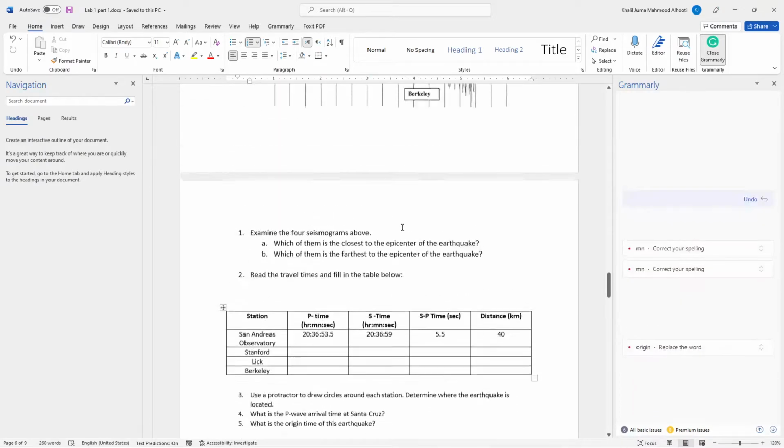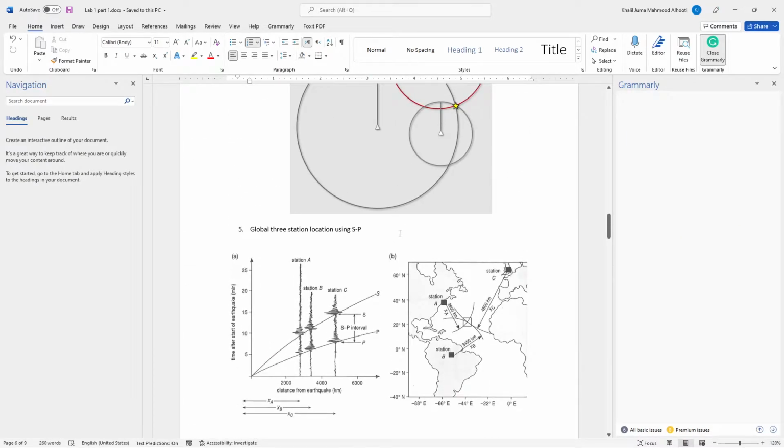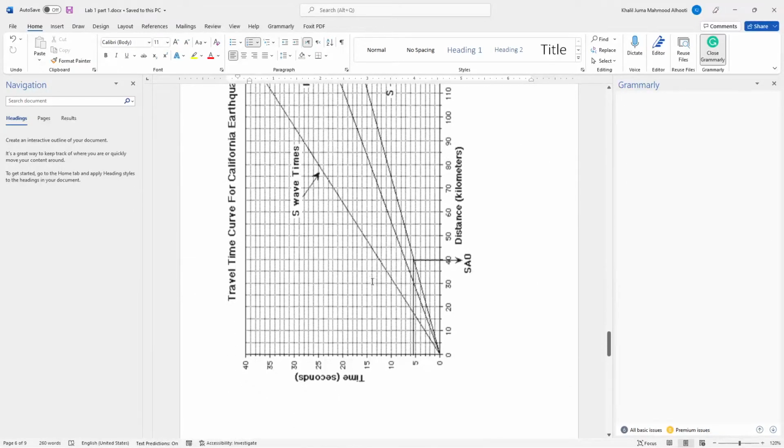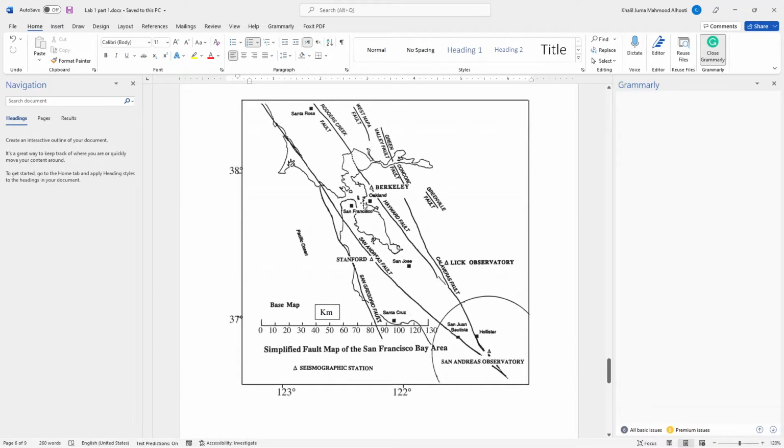On the map, if we go back to the map, that's the map. So here we see Lick Observatory, San Andreas Observatory, and we also see Berkeley Observatory, and finally the Stanford Observatory.